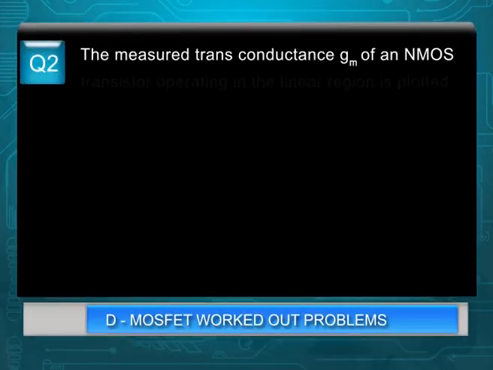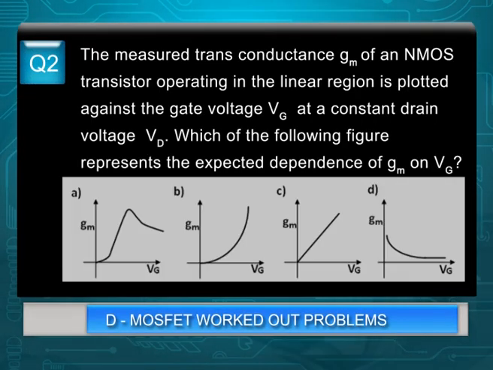Problem 2. The measured transconductance of NMOS transistor operating in the linear region is plotted against gate voltage at a constant drain. Which one of the following represents the expected dependence of GM on VG?